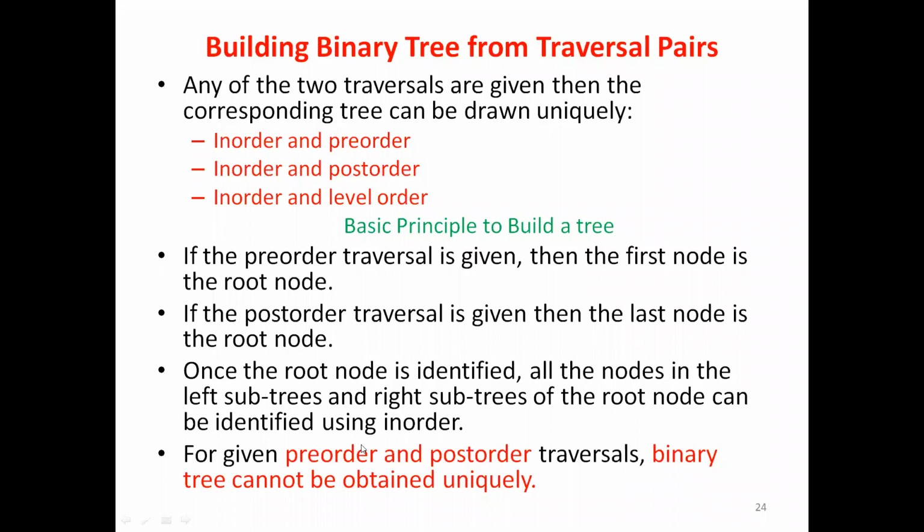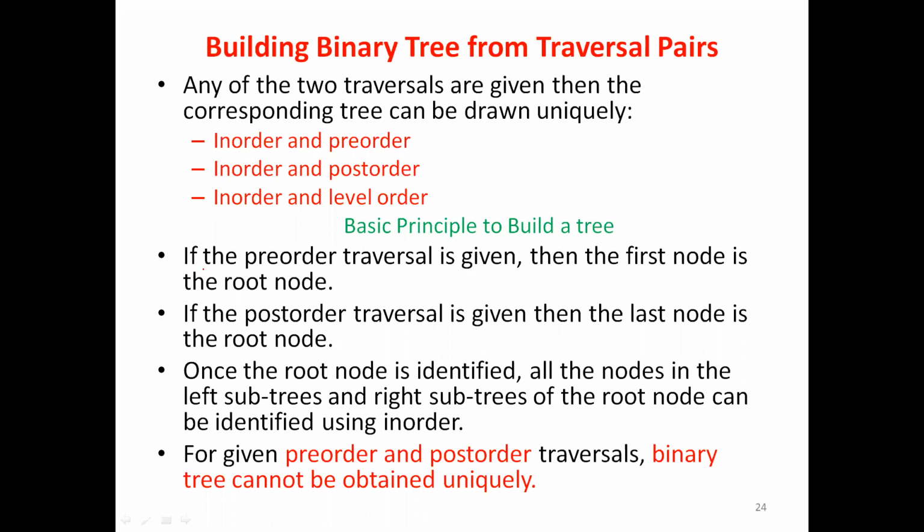Every traversal pair should consist of either pre-order or post-order. In such a case, like level order and in-order, that is different. Now we are going to concentrate on an example also. We are going to take an example of a single traversal pair and build a binary tree.